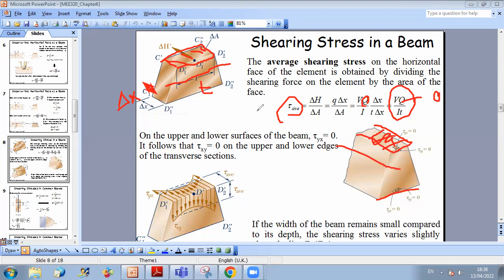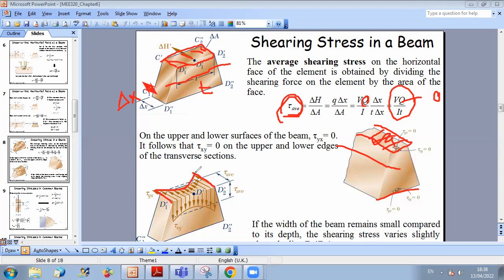Now, in reality, why are we talking about an average tau? Because in reality, you have a variation of the shear stress. For example, here, at the corners, at the extremities, you have larger values of shear stresses compared to the center. So as you can see here, you have high values of stresses at extremities and smaller values here.